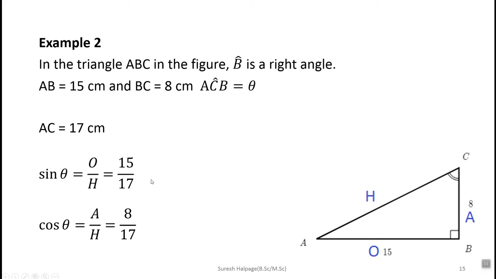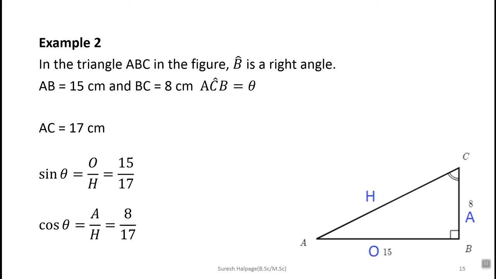According to the definition, sin theta is opposite over hypotenuse. What side is opposite to theta? This is angle C, so the opposite side is 15.